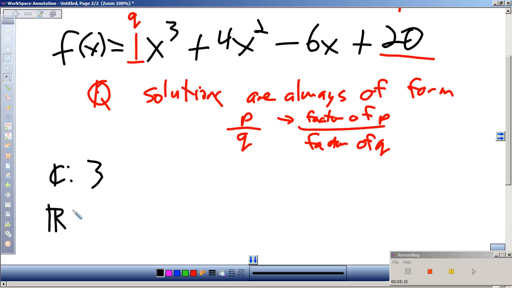Next number, we're looking at positive real. What is that three? Complex. So complex numbers mean either real or imaginary solution.